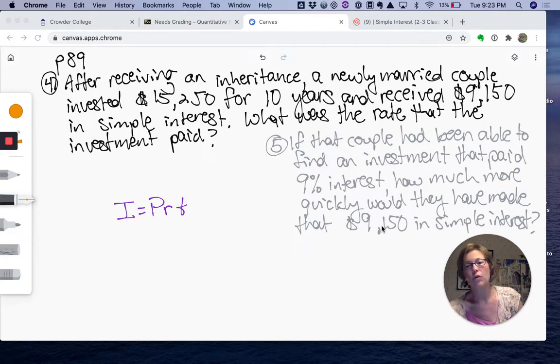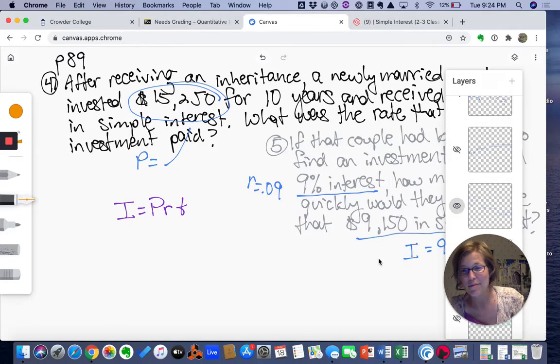How much more quickly would they have gotten there? So identify your letters. Decide, is this still the equation we want? We don't see anything about future value in here. So probably not the A one. So let's plug everything in and see how you do.